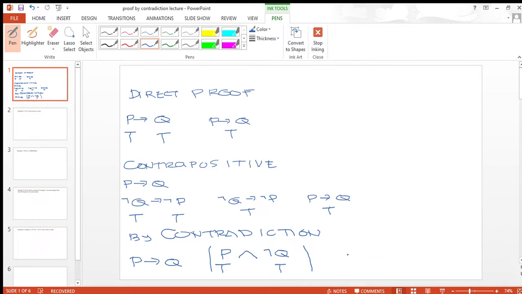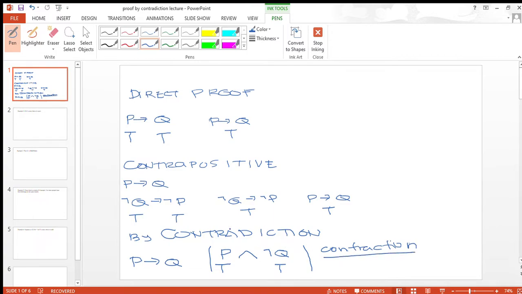Then, from this assumption, since we are using both P and not Q as our assumptions, we can work around with these two propositions so that we come up with a contradiction somewhere along our argument. So along our proof, we must be able to arrive at a contradiction.